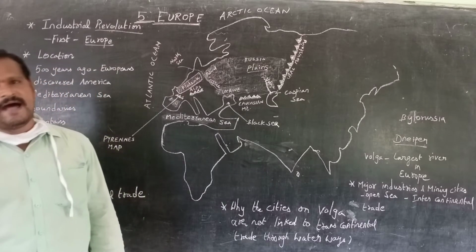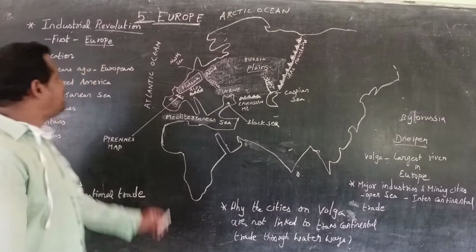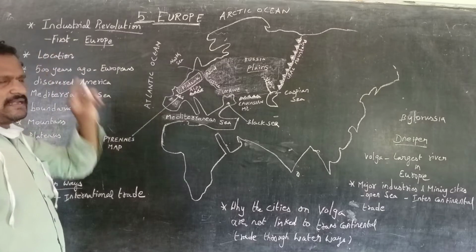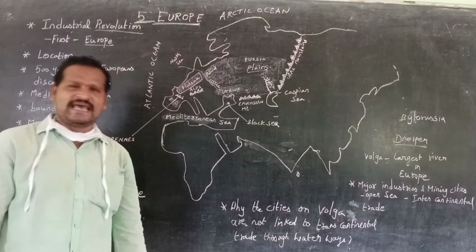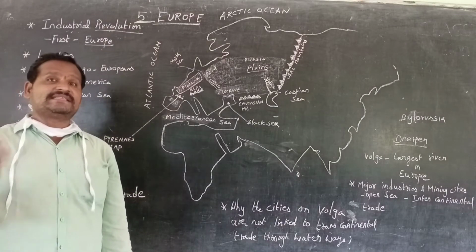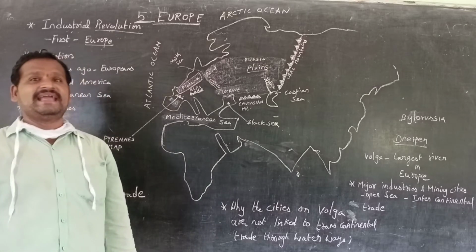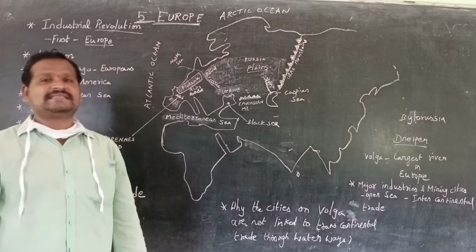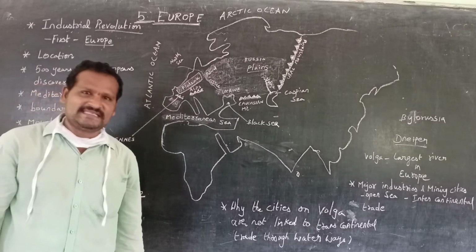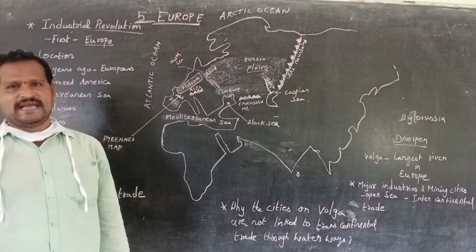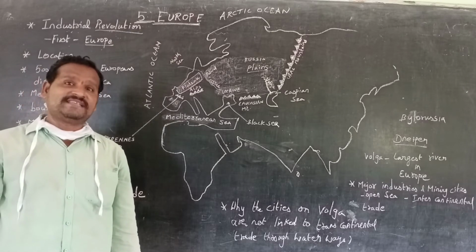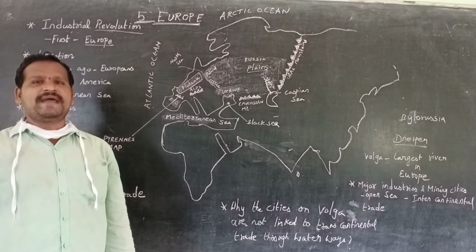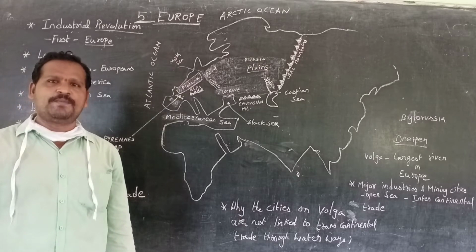Once again, children, the first industrial revolution took place in the Europe continent. The changes that took place in industries in the 19th century are called the industrial revolution. Machine-made goods were produced by European industry.